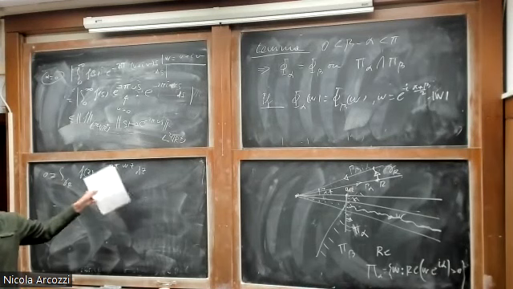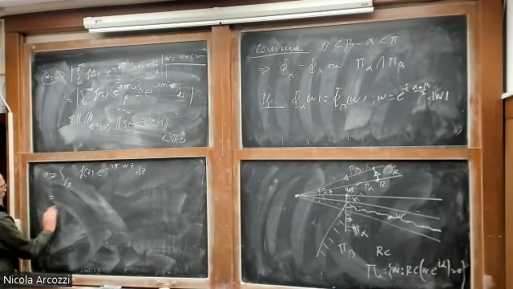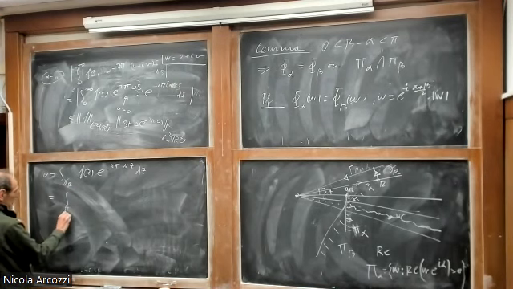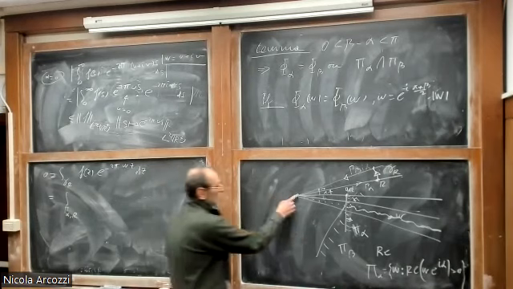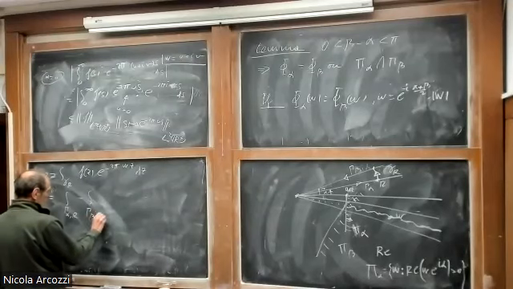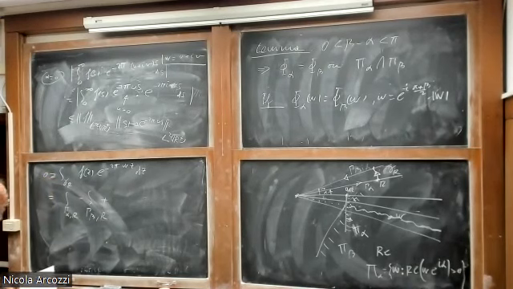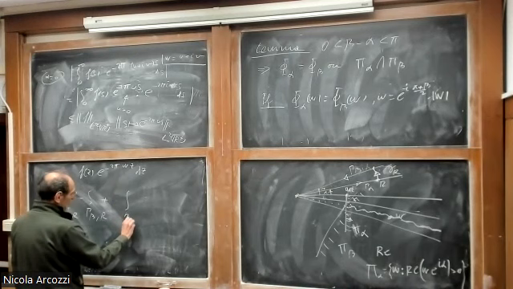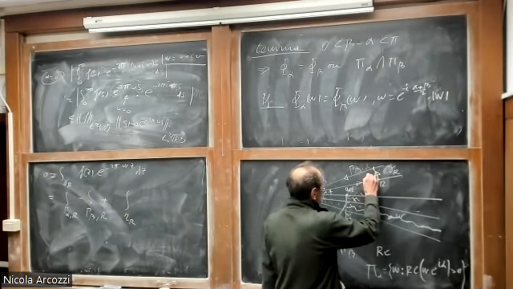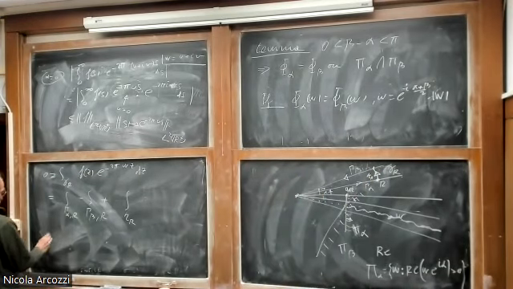By Cauchy's theorem, this is like the integral over gamma alpha R, minus the integral over gamma beta R, plus the last integral over eta R, where eta R is the arc of the circle of radius R.